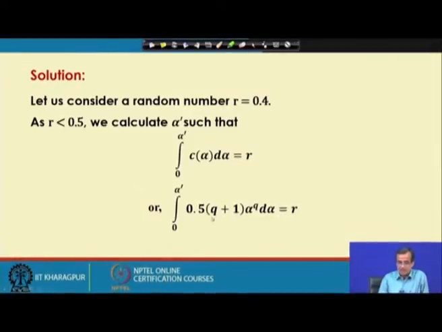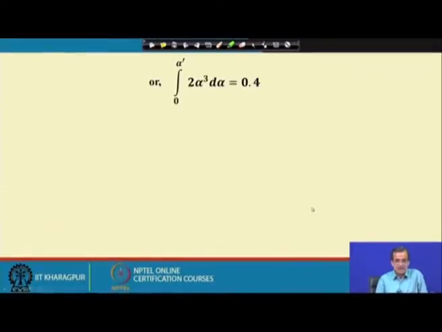Now, you substitute the numerical values for q, r equal to 0.4, and carry out this integration, and if you simplify this, you will be getting alpha prime equal to 0.94.